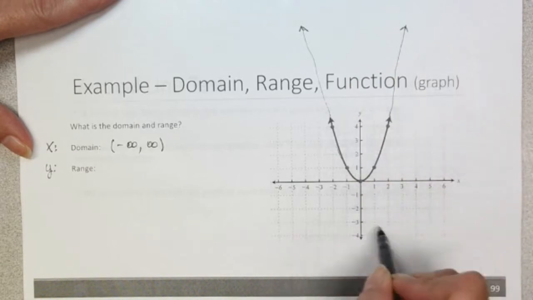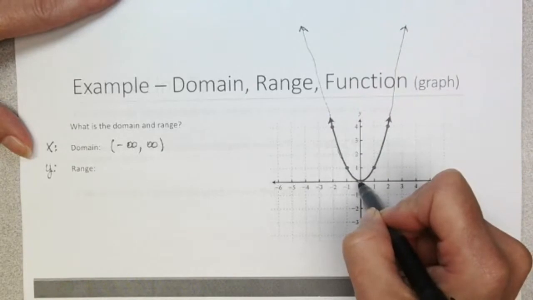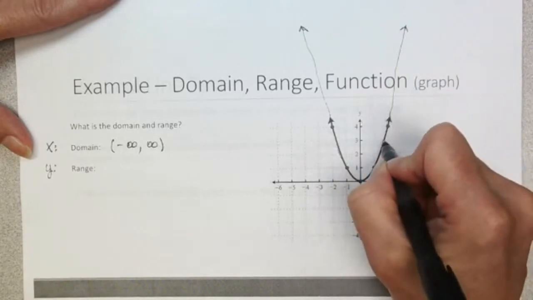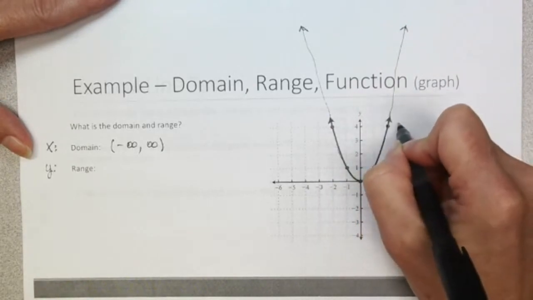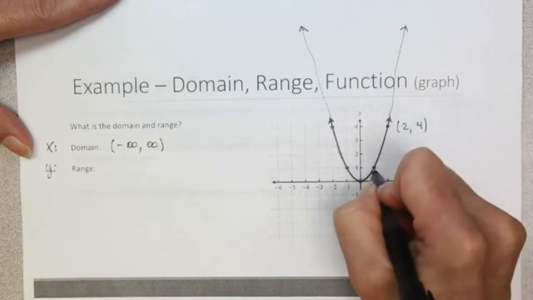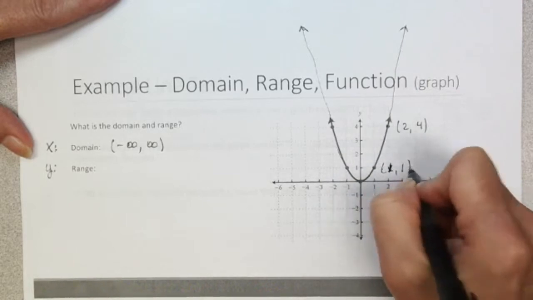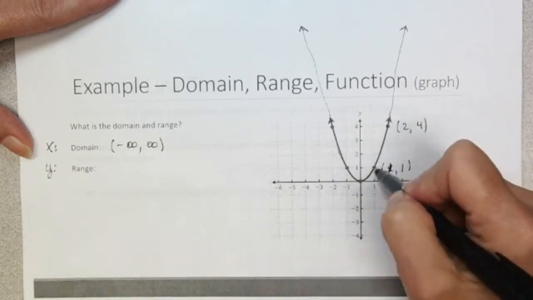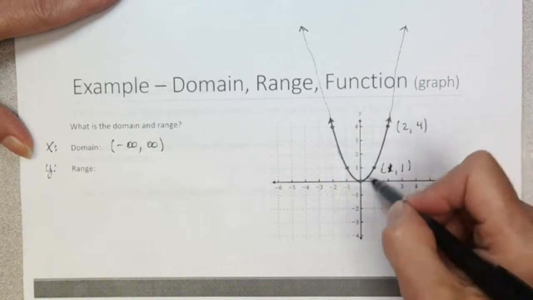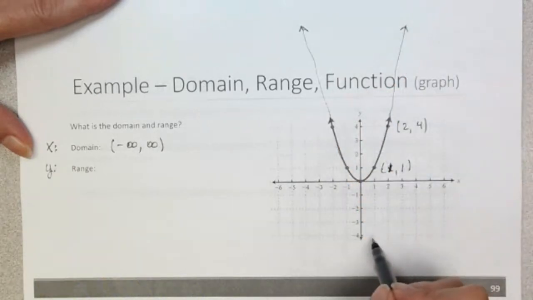Look, this graph never goes into the negative. The y's are all positive. So all the points, the coordinates of all the points on there, here's one right here. This one has the x coordinate of 2, y coordinate of 4, right? This one has an x coordinate of 1 and a y coordinate of 1. All the points on this graph, all those y coordinates, they're going to be all kinds of positive numbers, but there's no negatives.